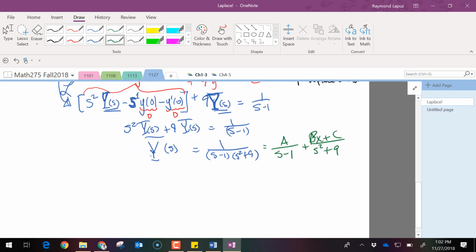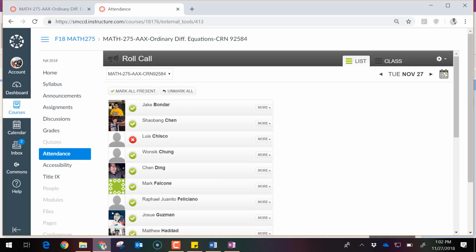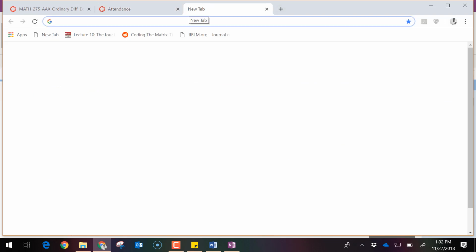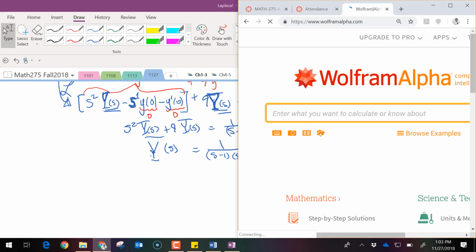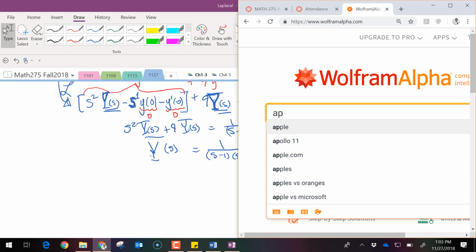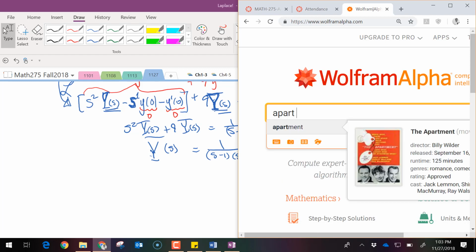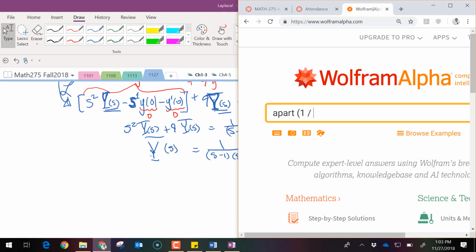I'm just not going to deal with that and expect you to research your own partial fractions. So s minus 1, s squared plus 9.